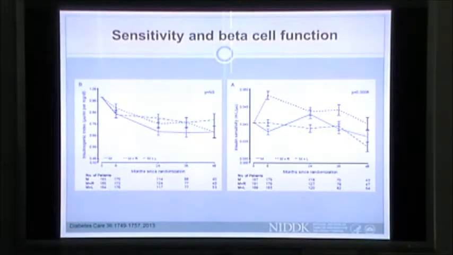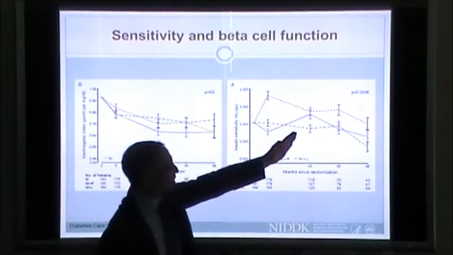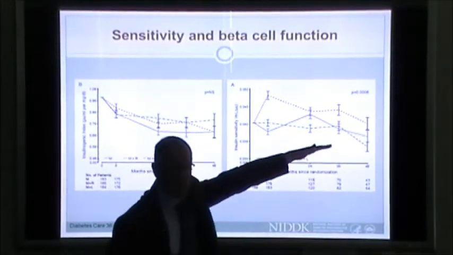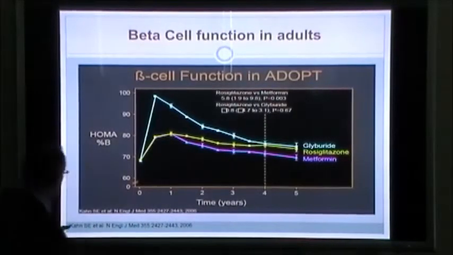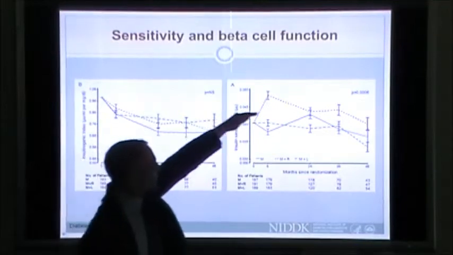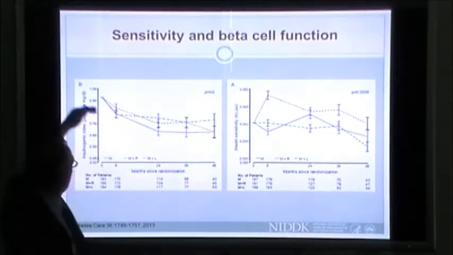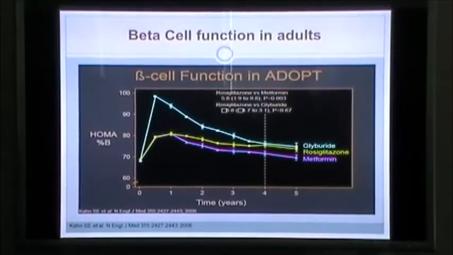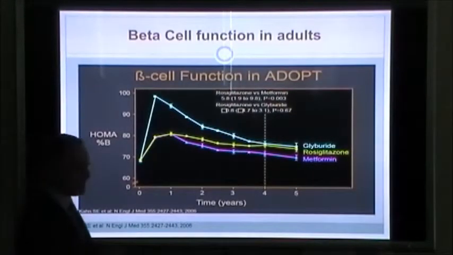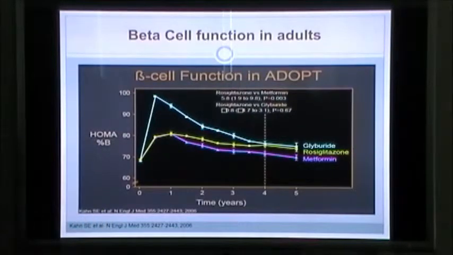And what makes this up? We have sensitivity on this panel, not a lot of change over time. Improvement in sensitivity to rosiglitazone, as you'd expect, but not much change over time. However, there is a decrease in insulin secretion over time. So that loss in Disposition index is predominantly driven by progressive beta cell loss. Now this is again to look at the same thing in adults, and that's not entirely fair.